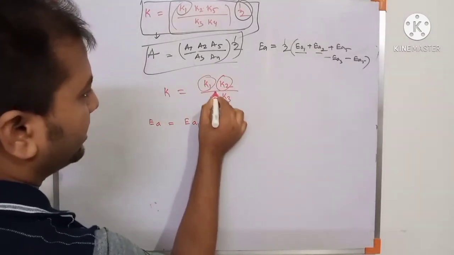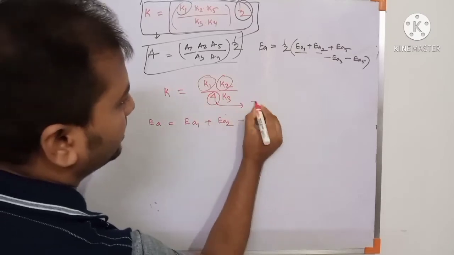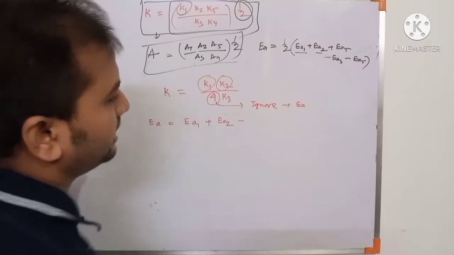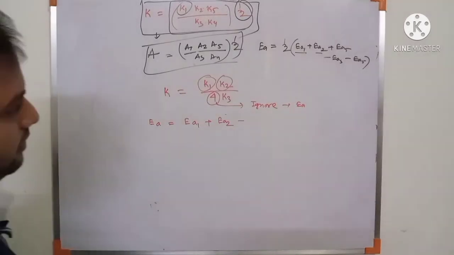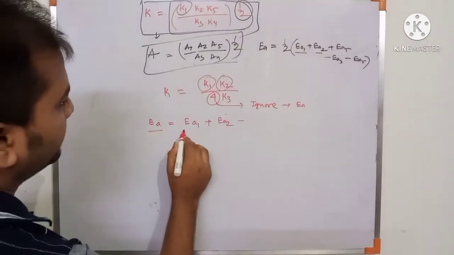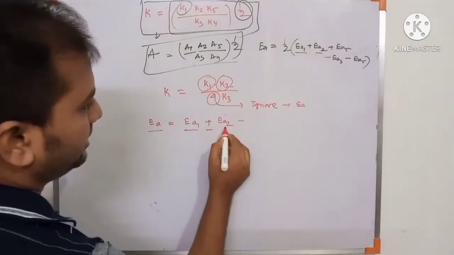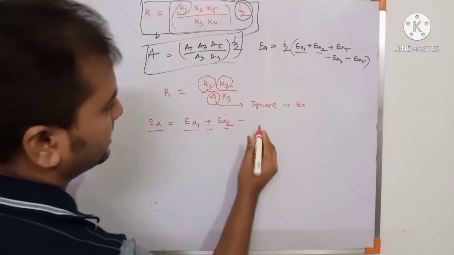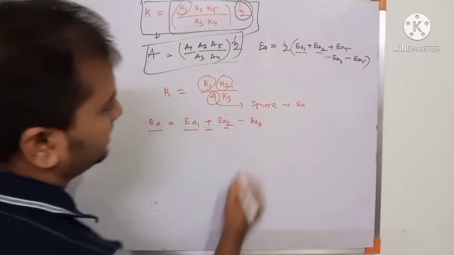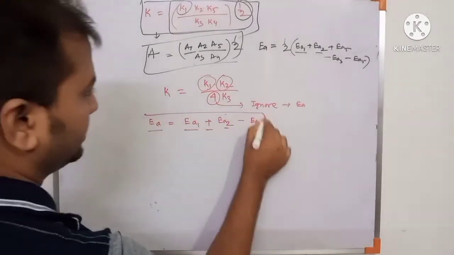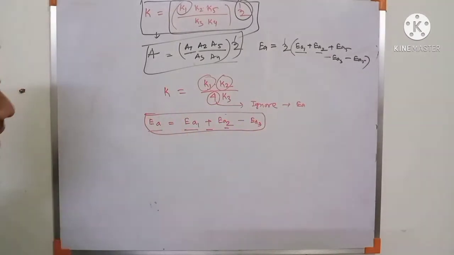But remember, the constant part is ignored in the activation energy calculation. So EA equals EA1 plus EA2 minus EA3, not mentioning the constant value. This is the equation of overall activation energy.